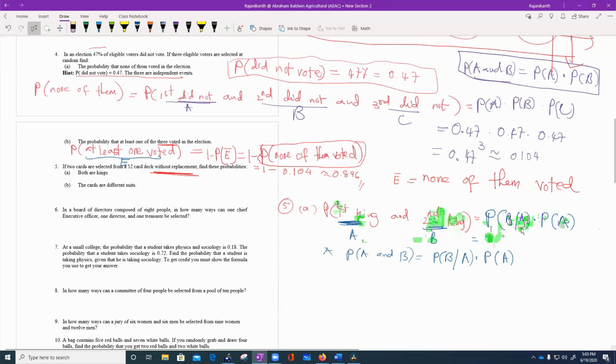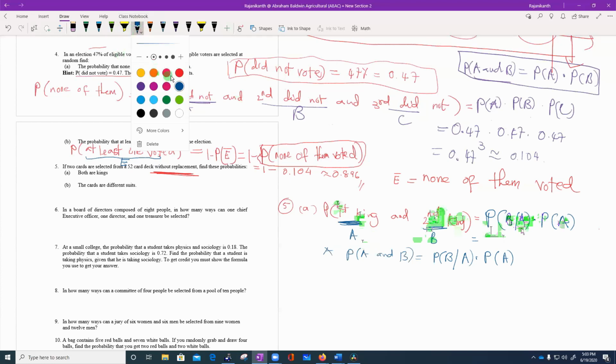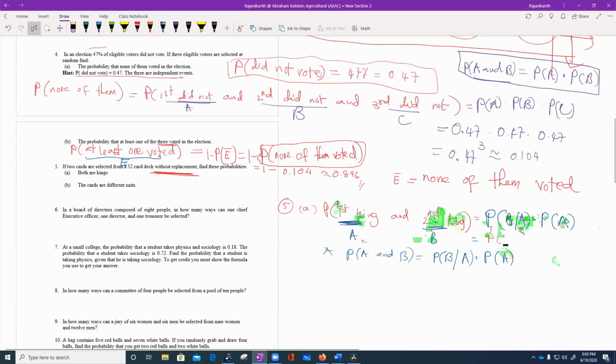Therefore, if you rewrite this in words, the meaning is: the probability of the second king, given that you have already chosen a king first, times the probability of the first king. So basically, probability of B with respect to A.